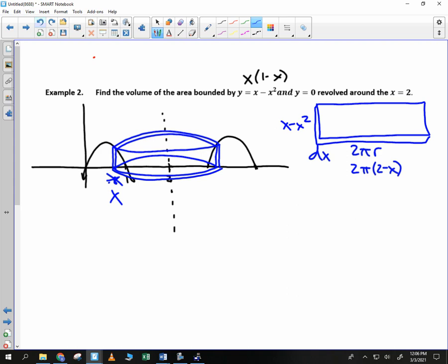Now we just multiply. 2 pi times 2 minus x times x minus x squared dx. And we integrate from what to what? Look at our original area, 0 to 1.